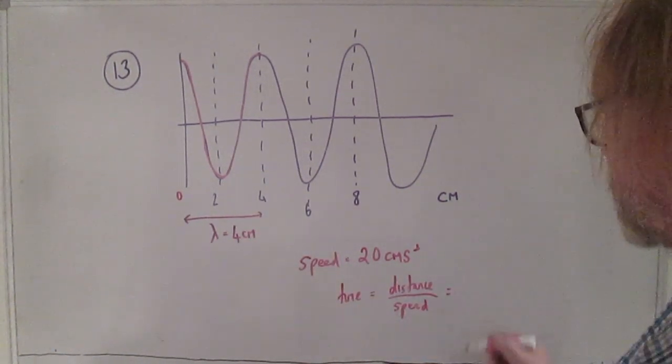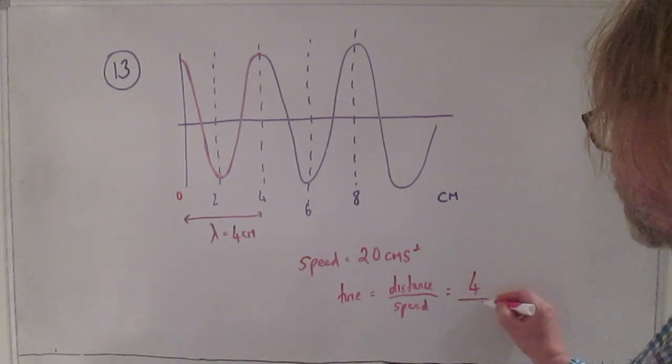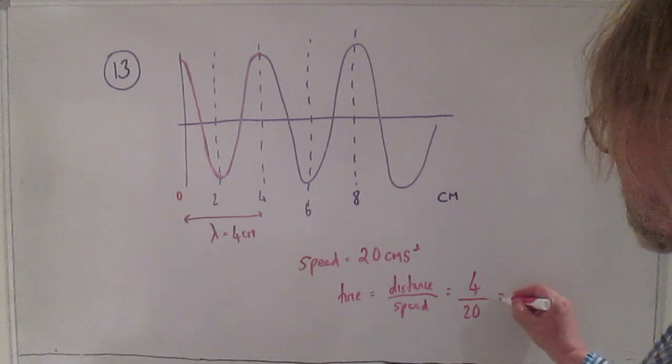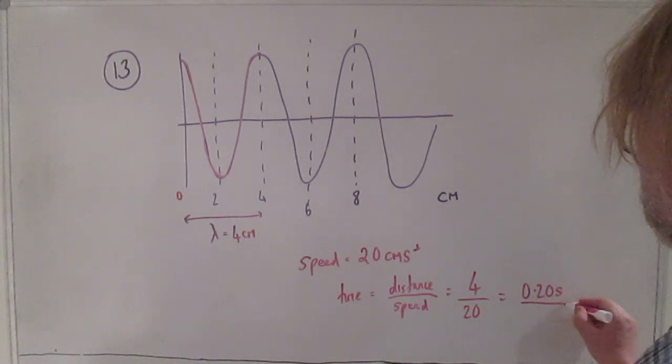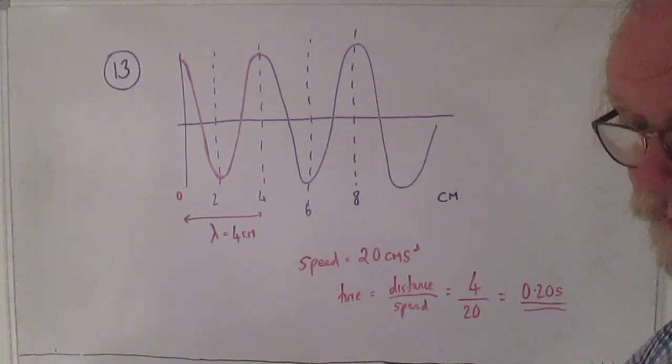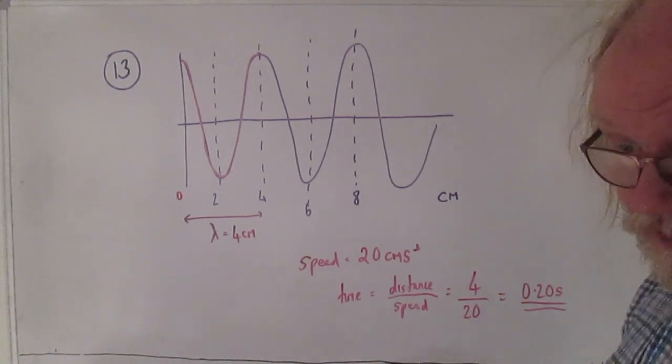So to travel one wavelength, that's equal to 4 over 20, which is 0.20 seconds, would be the answer for the period, which is answer B.